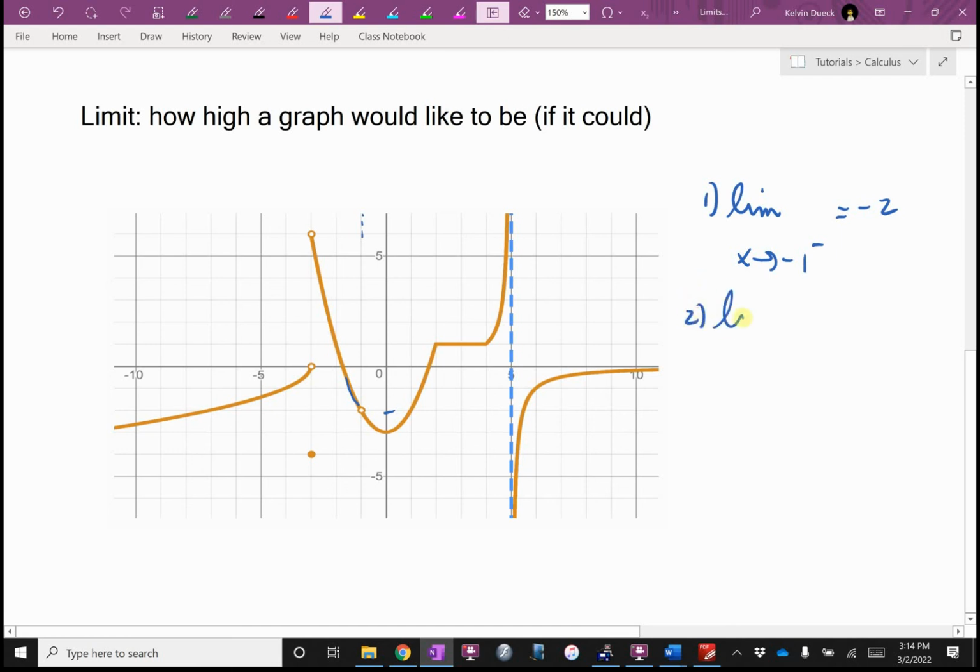If I take the limit as x approaches negative 1 from the right, what height am I approaching? This is negative infinity? I think not. What height am I approaching?